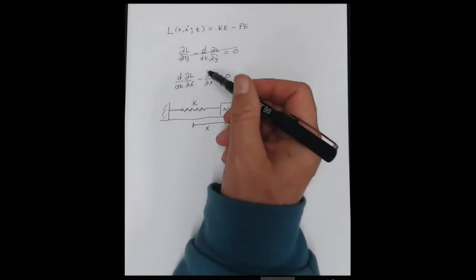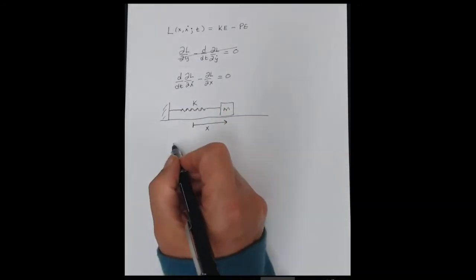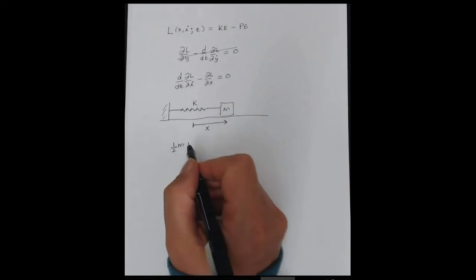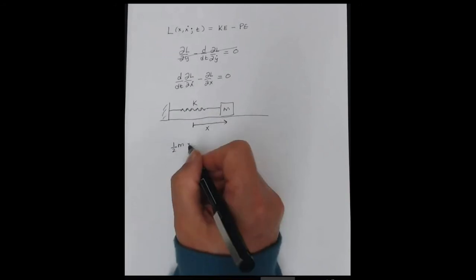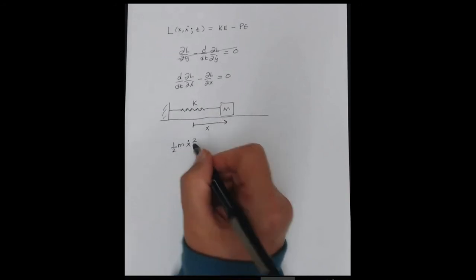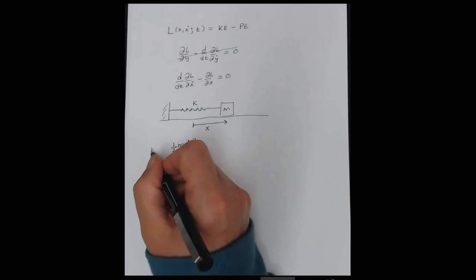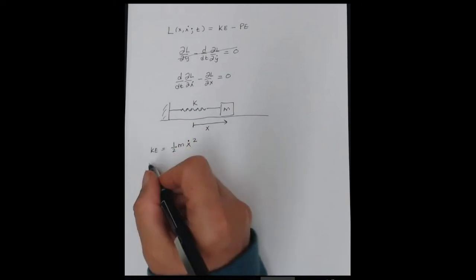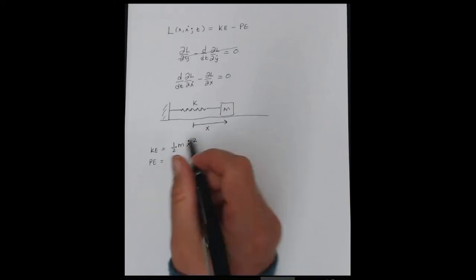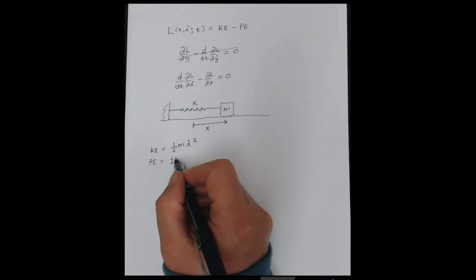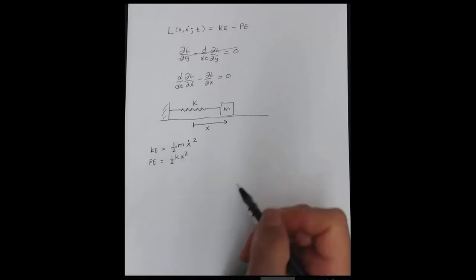So we identify the kinetic energy, 1/2 mass times the velocity it's moving, which is x dot squared. It's the kinetic energy. Potential energy, it's a stretched spring, 1/2 kx squared.